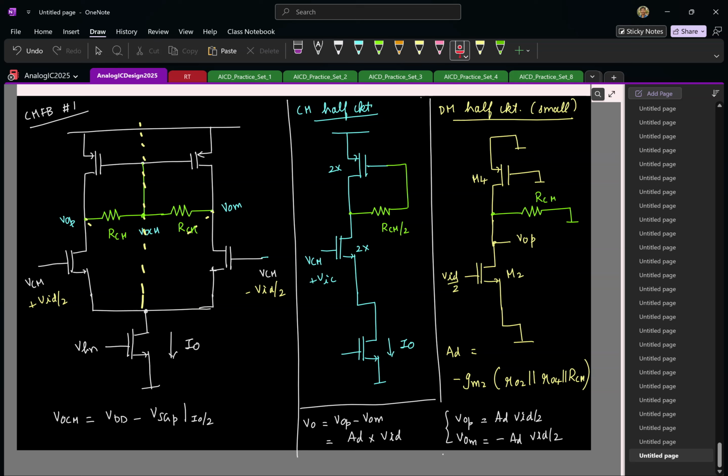So now straight away we can see, if I don't want whatever I do for the common mode to interfere with my differential mode operation, what is the constraint I have now from the gain? RCM should be large compared to what? Yeah, RCM must be much greater than the intrinsic output resistance, that is basically ro2.